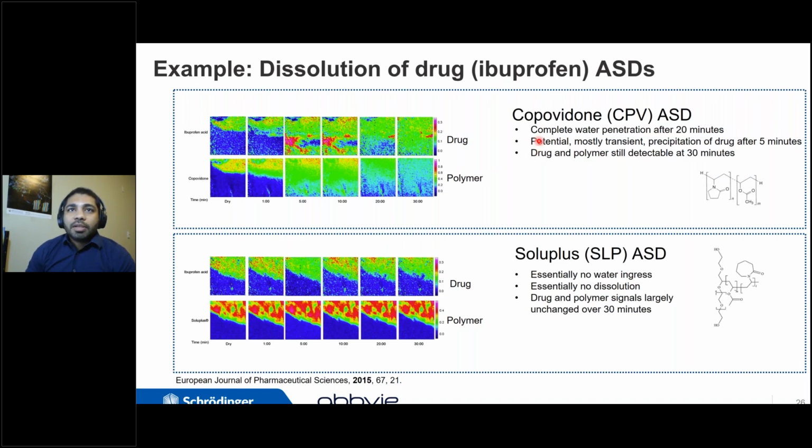The first one contains the polymer copovidone, and a mixture of copovidone with the drug in the dry form is typically referred to as ASD, which stands for amorphous solid dispersion. In this case, it's an ASD of copovidone with the drug ibuprofen. Copovidone is a random copolymer of vinyl pyrrolidone with vinyl acetate.